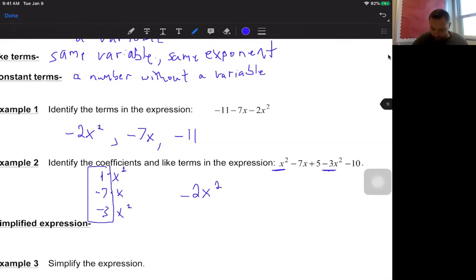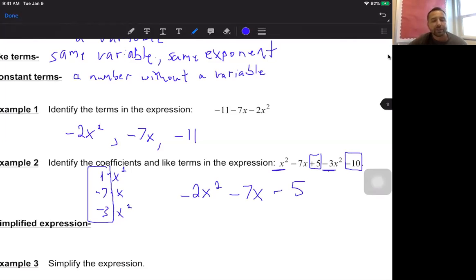Next, we look for our x. We only have a -7x. There's no other x's on here. So that -7x we could just bring down. Lastly, we look for constant terms, which we have 2 of. If you look, we have a +5, and we also have a -10. 5 minus 10 is going to give us a -5 as our answer.